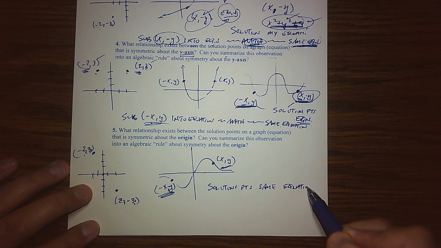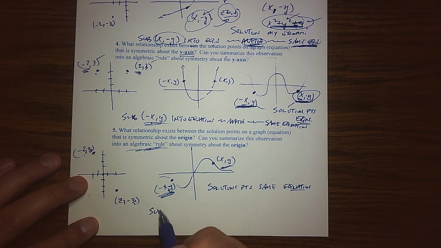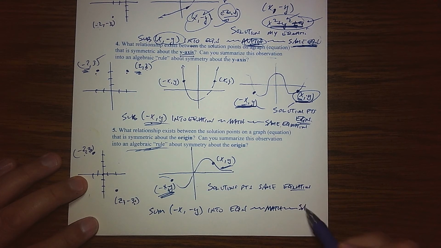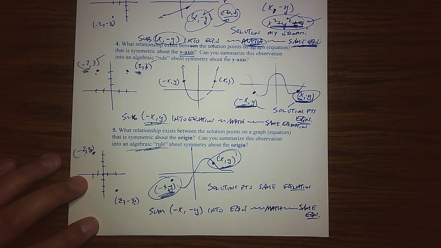In terms of an algebraic test, if I substitute (-x, -y) into the equation and do some math, and we get the same equation, that means (x, y) is a solution, and (-x, -y) is also a solution, because they have the same solution set. We're going to put those tests into play using some examples.